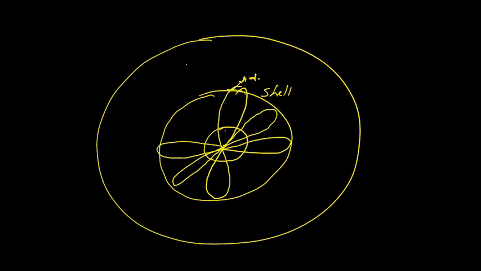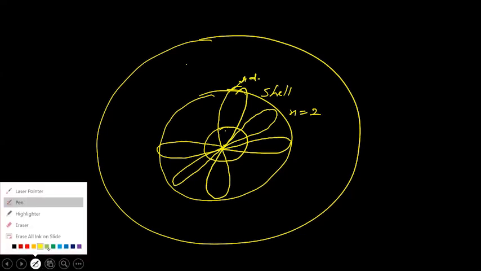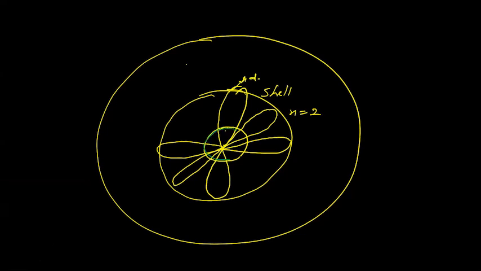So if you can understand this point, then it will be clear that this is n equals to 2. And within n equals to 2, you have 2 subshells. One is S, the green one, and the other one is P subshell, which is collection of 3 orbitals.